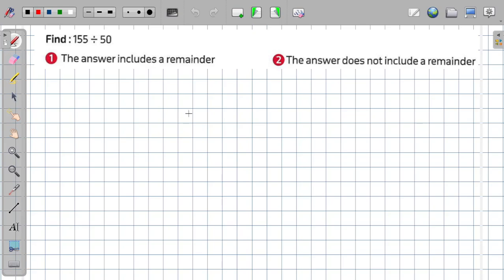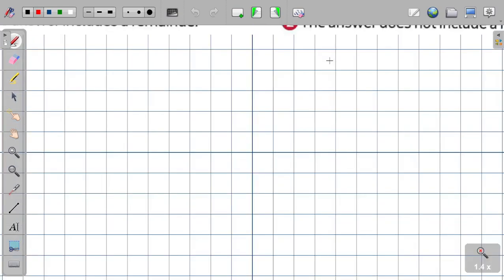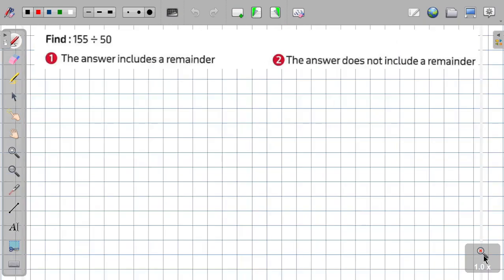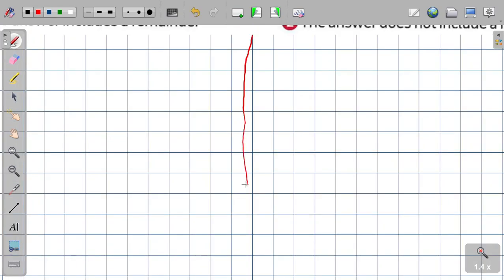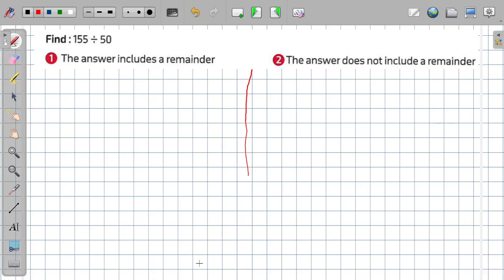So what can I do? The first statement is when my answer includes a remainder, and the second statement is if I don't want to include a remainder. So let's try the first one first, and after that we will continue with the decimal point.